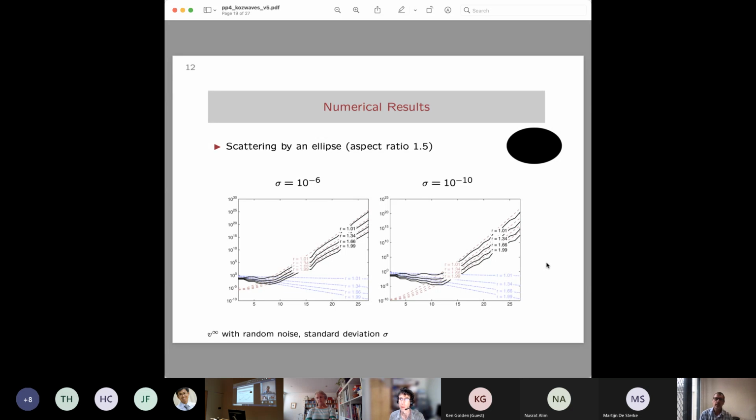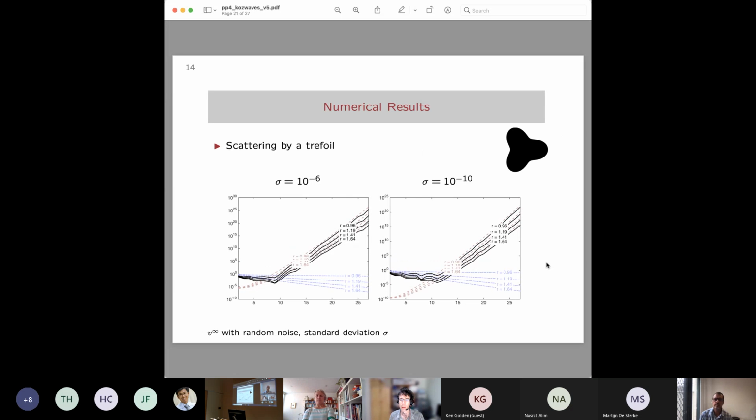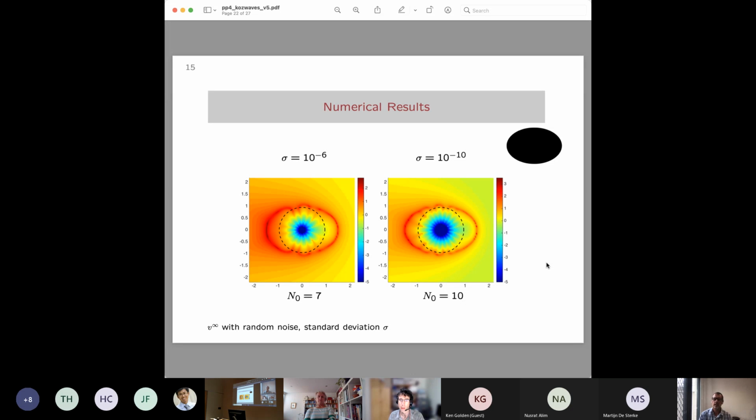Okay, great. So I've got some results for a couple more shapes that I don't really need to talk about. They're very, very similar. But what I want to show you next is a plot of the indicator function. On this plot, I've marked in the ball of radius R0. And what we see is that inside that ball of radius R0, we don't really get anything.